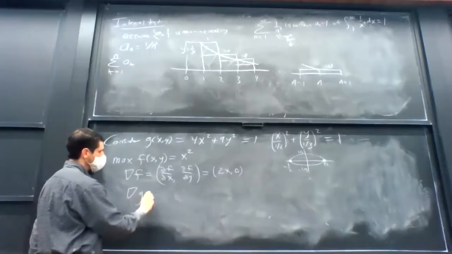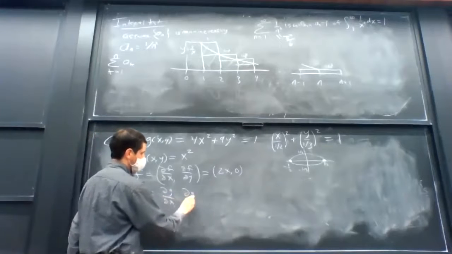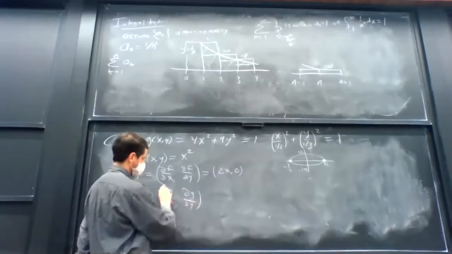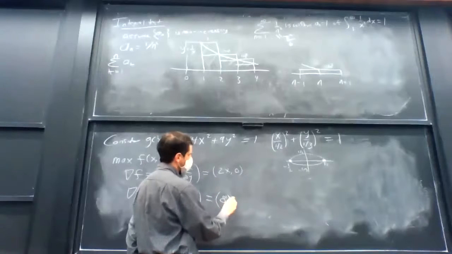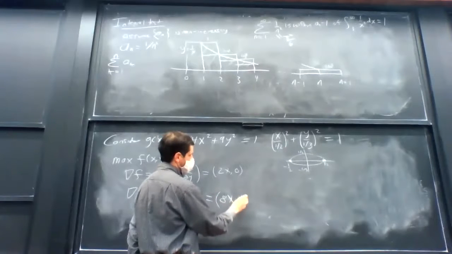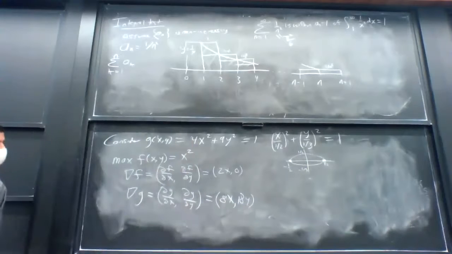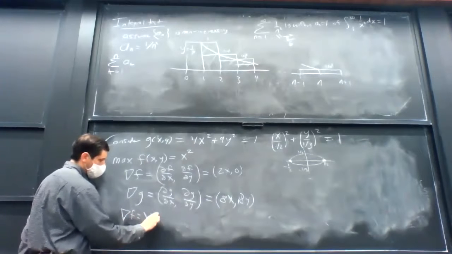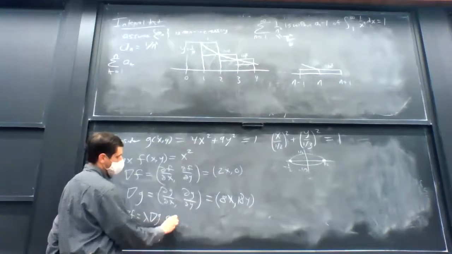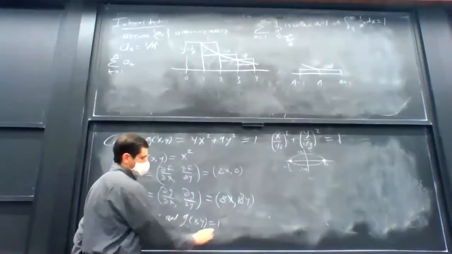The gradient of g is dg dx, dg dy, and that's going to be 8x, 18y. So we want to solve grad f equals lambda grad g, and g of x, y equals 1.